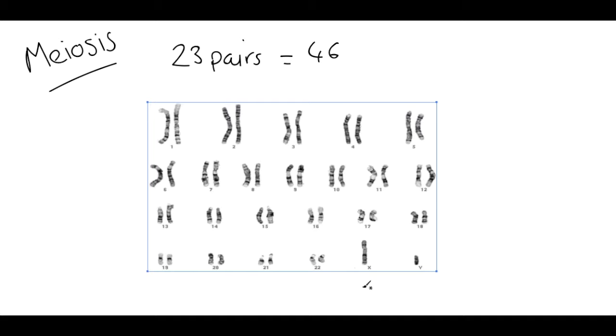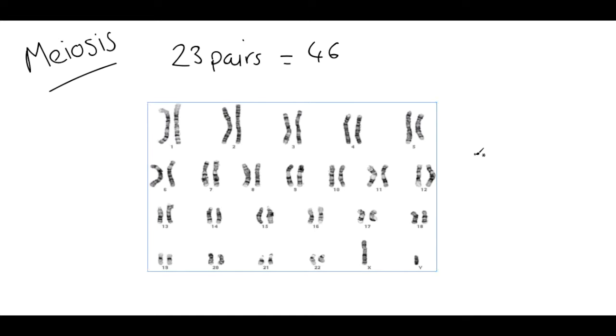These sex chromosomes determine what sex you are. 2 X's wouldn't mean you're a male. No, they'd mean you're a female. And one of these X's and a Y, this little one here, means you're a male. So this individual who's had this done is a male.